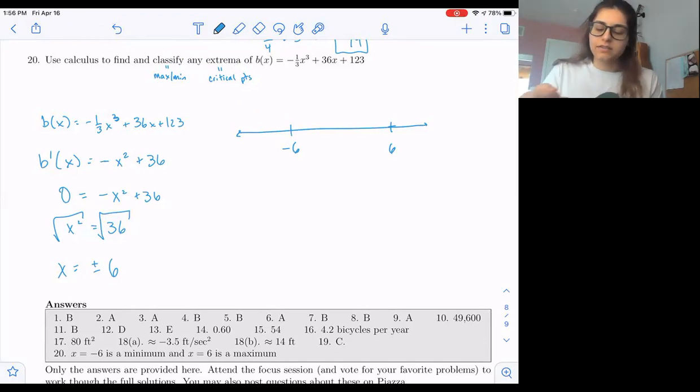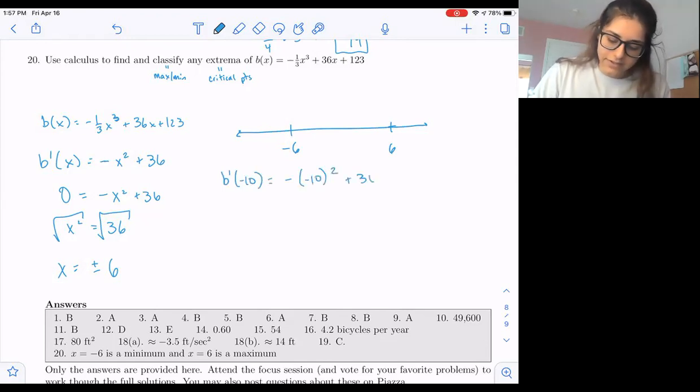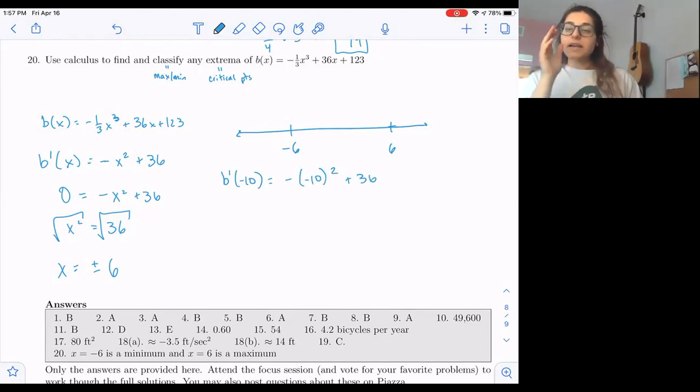So I'm going to start with a value less than negative 6, plug that in for my derivative formula, and figure out, is that positive or negative? So something less than negative 6, let's go negative 10. So I'm going to do b prime negative 10 equals negative 10 squared plus 36. All right, so negative 10 squared is positive 100.